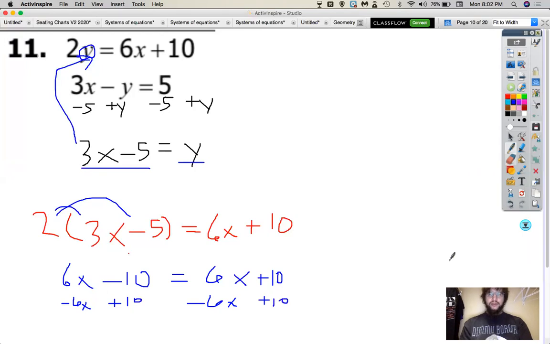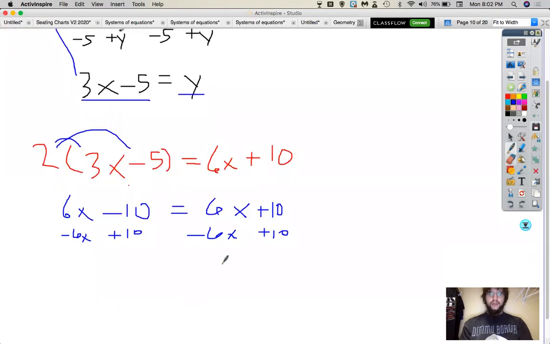All right, let's see what I'm left with. 6x minus 6x, that's nothing. Minus 10 plus, that's also nothing. What number's nothing? 0 is nothing. Nothing plus 20 is 20. Boom. 0 equals 20. That's what we got.